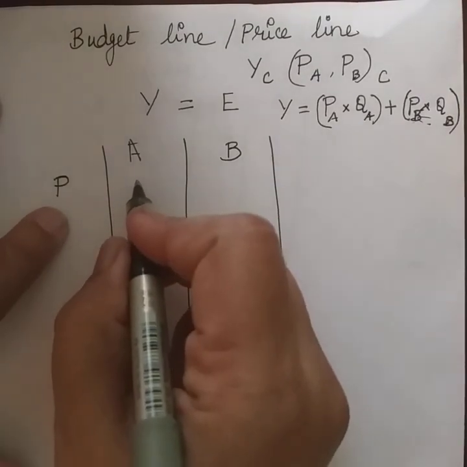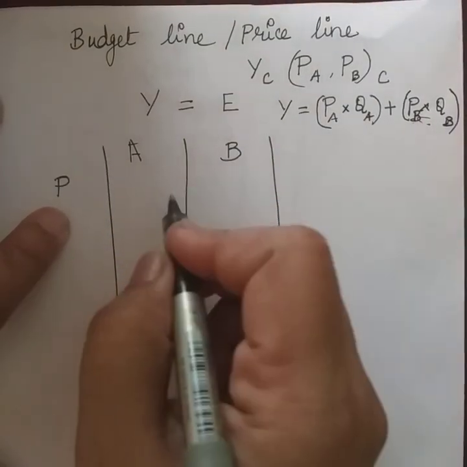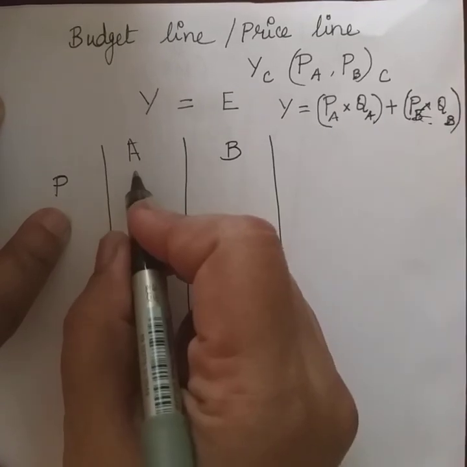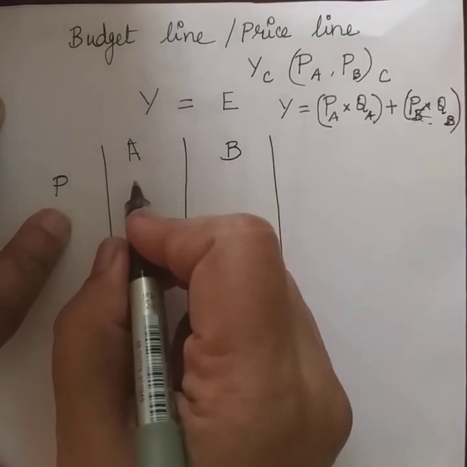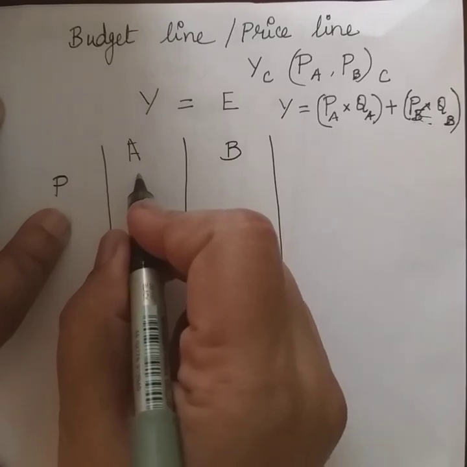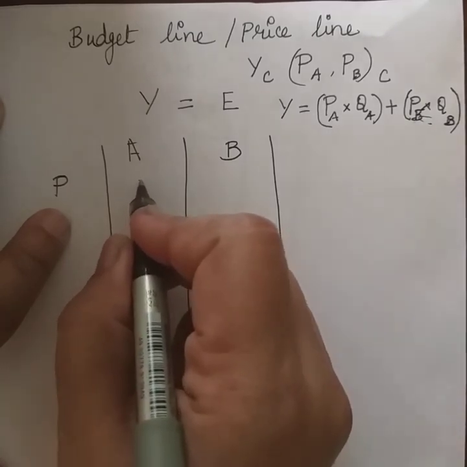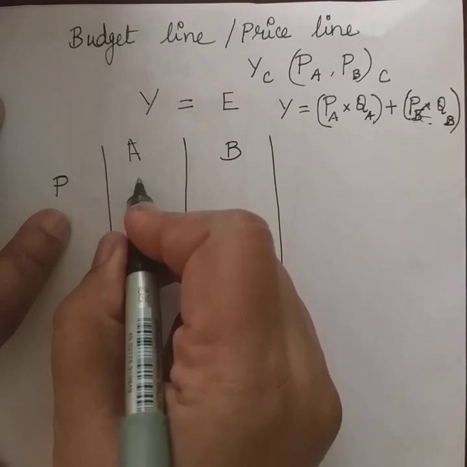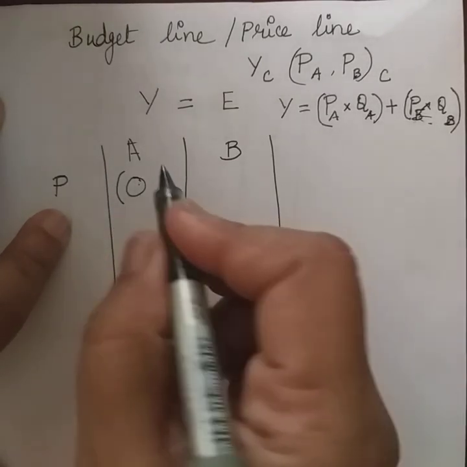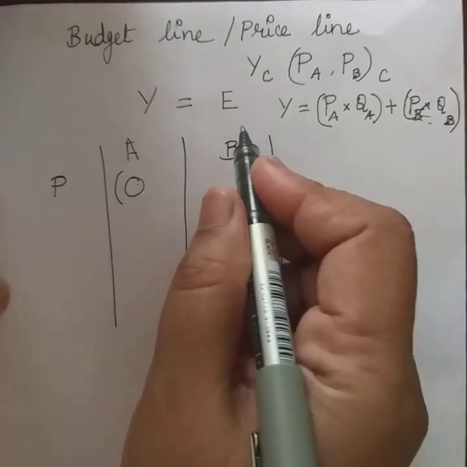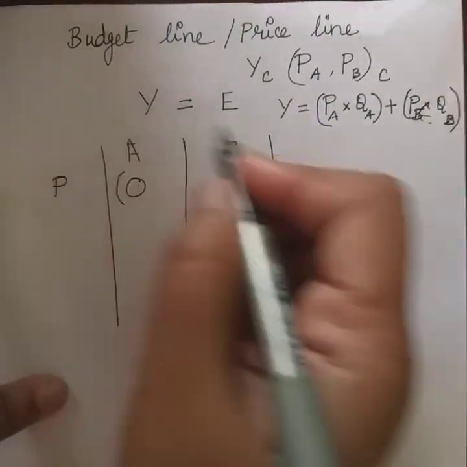The initial combination will be the extreme case where the consumer is not going to buy anything of commodity A. That is, no A is going to be purchased. Fine. So let us assume and give some values.